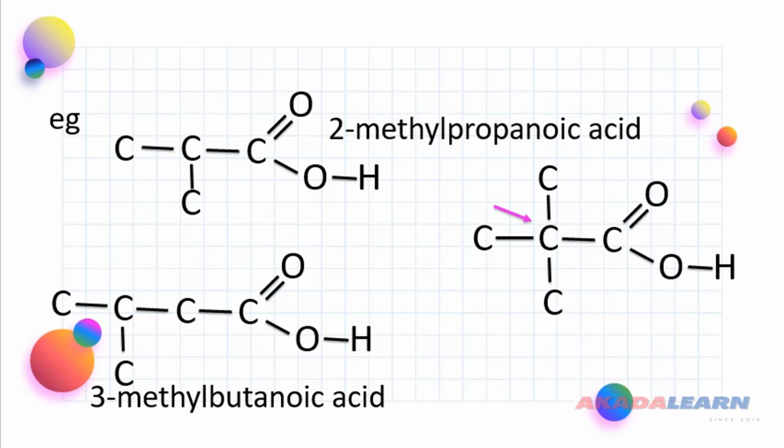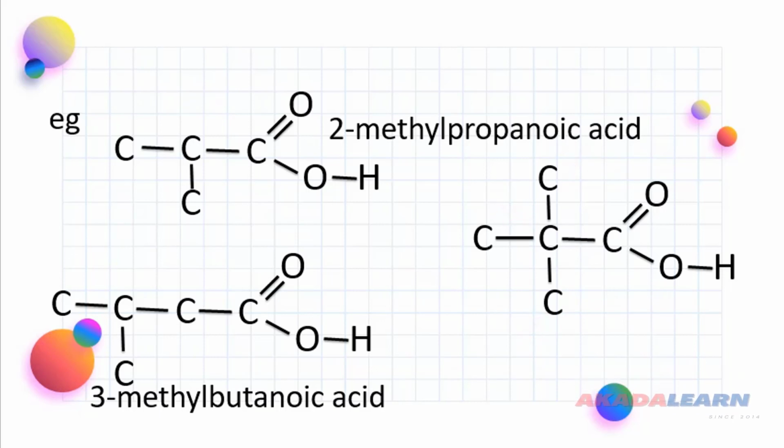This substituent is attached to this carbon that the arrow is pointing at. Look at the first substituent, and then this is the second substituent. 2 substituents attached to 1 carbon atom, and that particular carbon atom is carbon 2 when you are counting from the OOH going backwards.